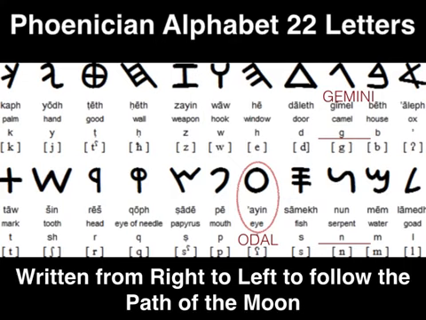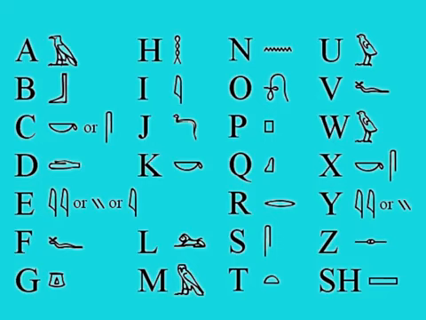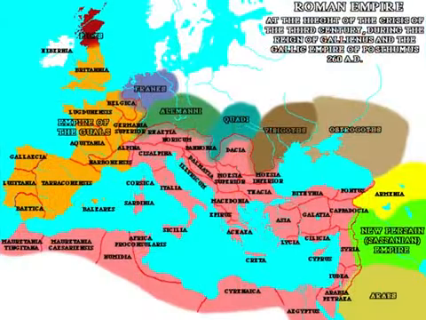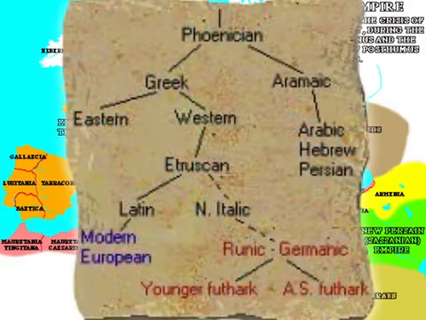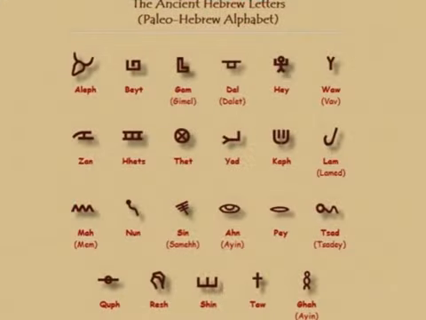The Phoenician alphabet derived from the Egyptian hieroglyphs, and it became the most widely used writing system, spread by the Phoenician merchants across the Mediterranean world, where it evolved and was assimilated by many other cultures. The Paleo-Hebrew alphabet was directly derived from the Phoenician alphabet.